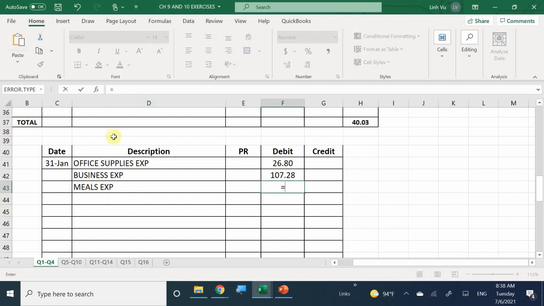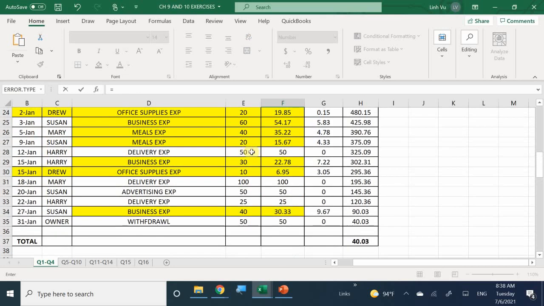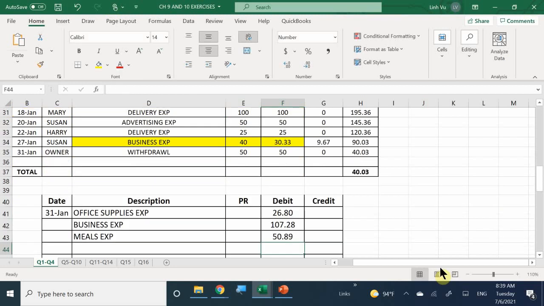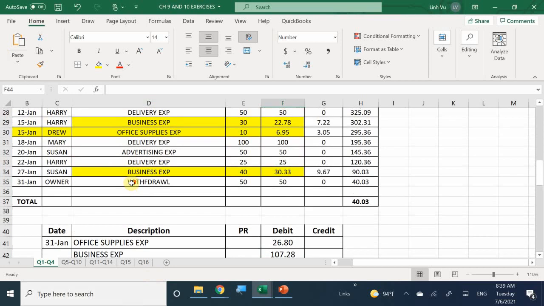So we have 1 for 35.22 plus 1 for 15.67. So how much is that? $50.89. Good.